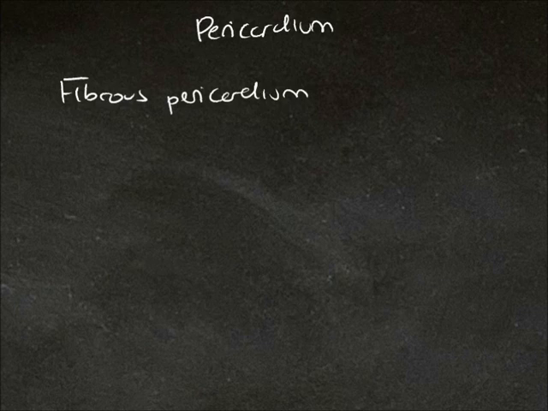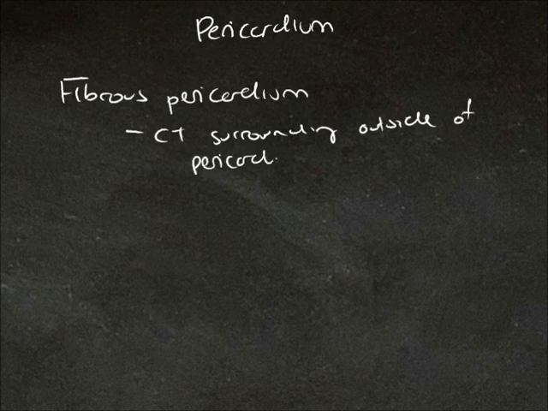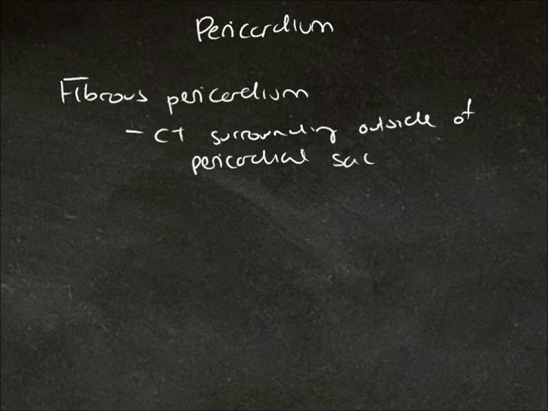And this is connective tissue surrounding the outside of the pericardial sac. It's attached to the mediastinum, the pleura, and the central tendon of the diaphragm.